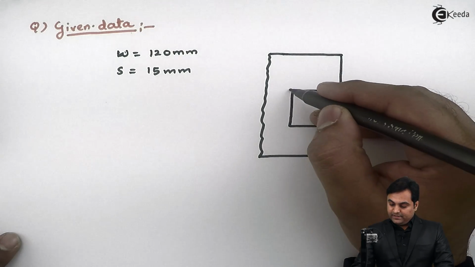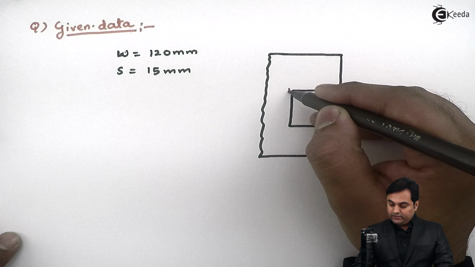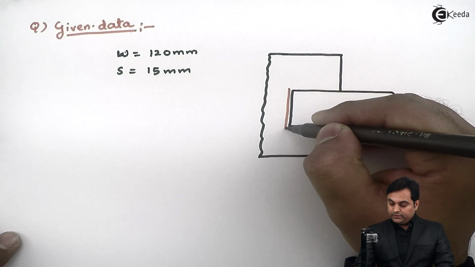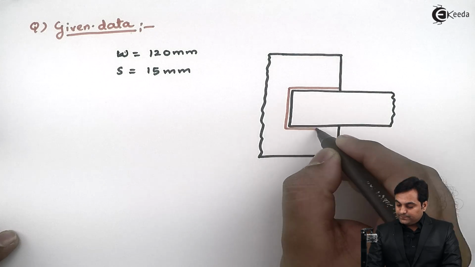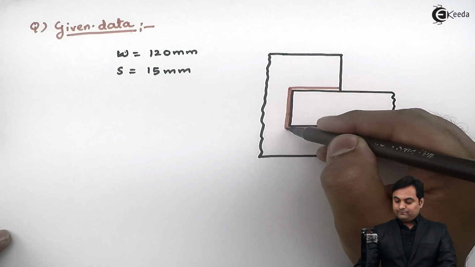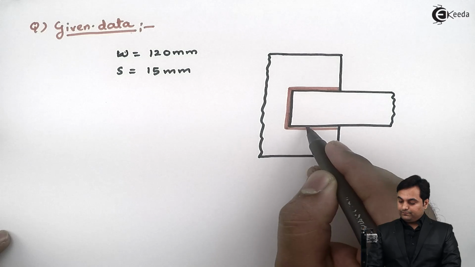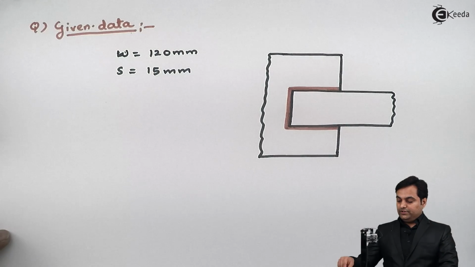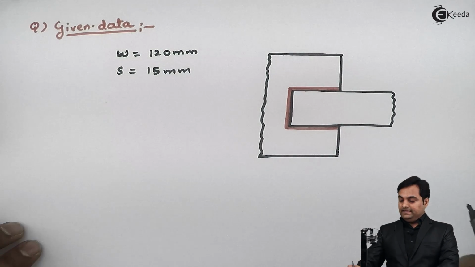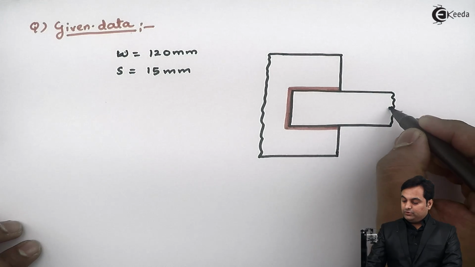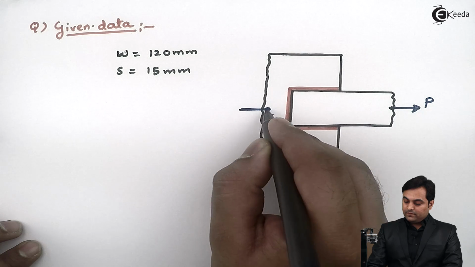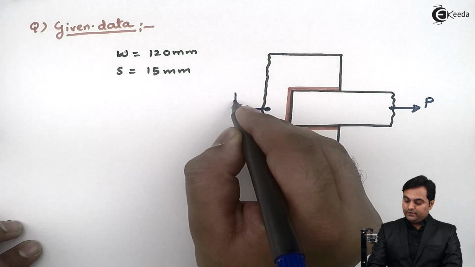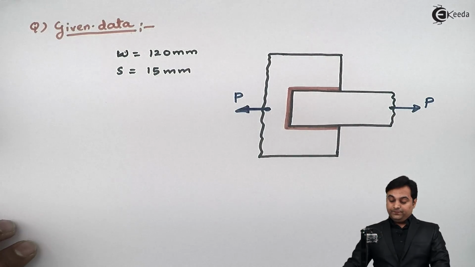They are connected by single transverse fillet weld and double parallel fillet weld, like this. So here is the diagram, and these plates, they are subjected to load in this way. I am considering tensile load.